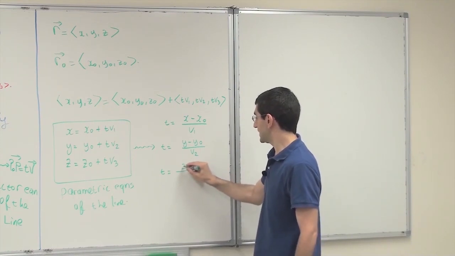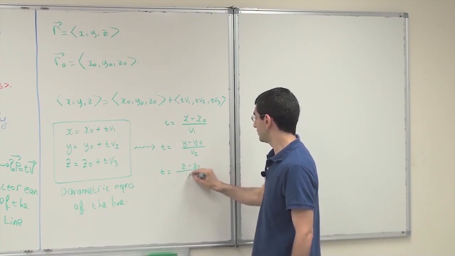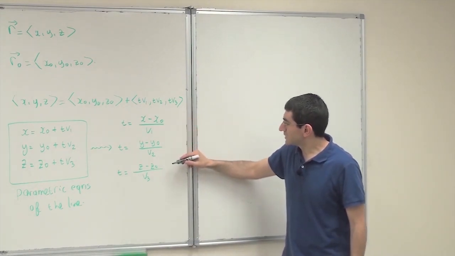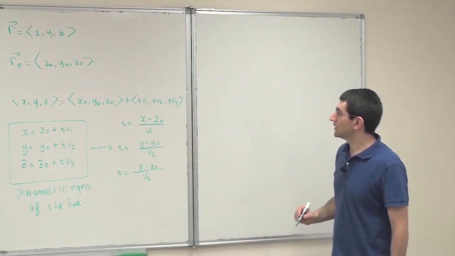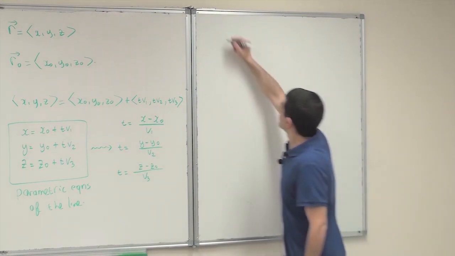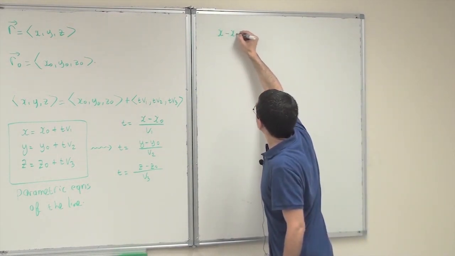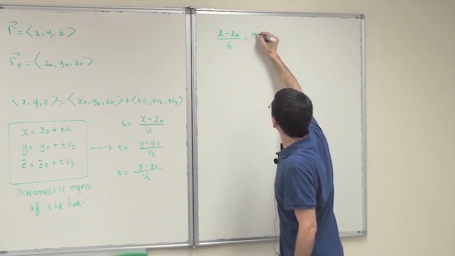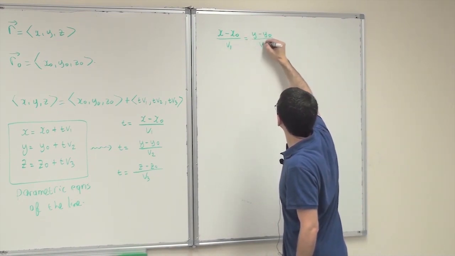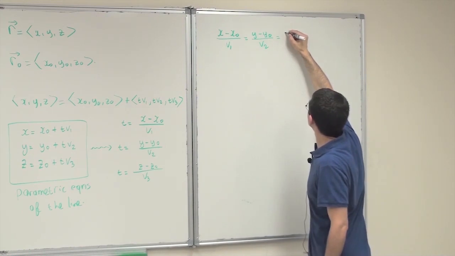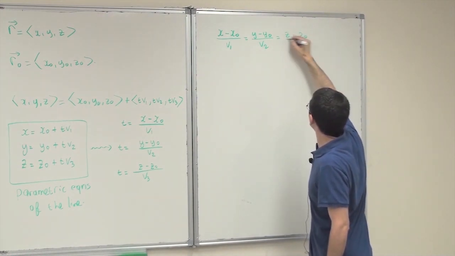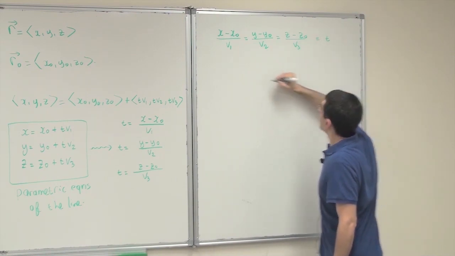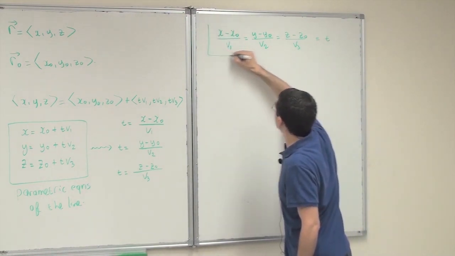As all these three fractions are equal to the same parameter, we can say that x minus x naught over v1 is equal to y minus y naught over v2, and that's equal to z minus z naught over v3, which are all equal to t.